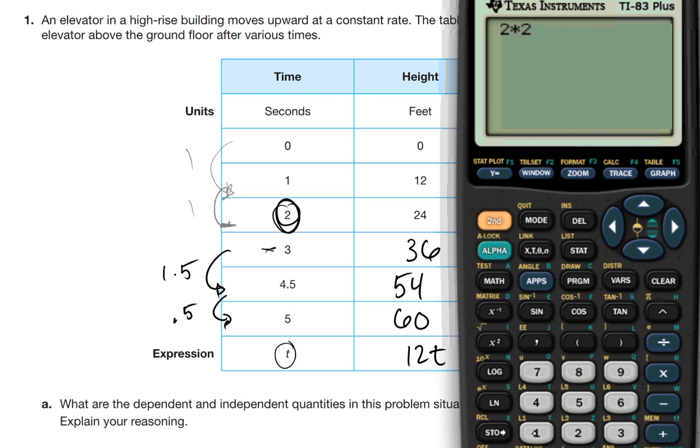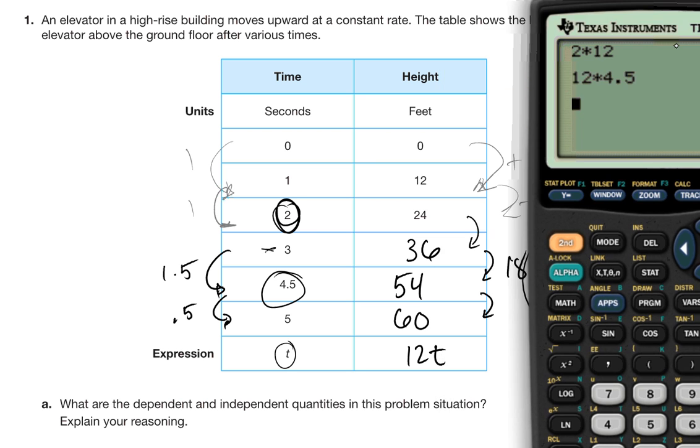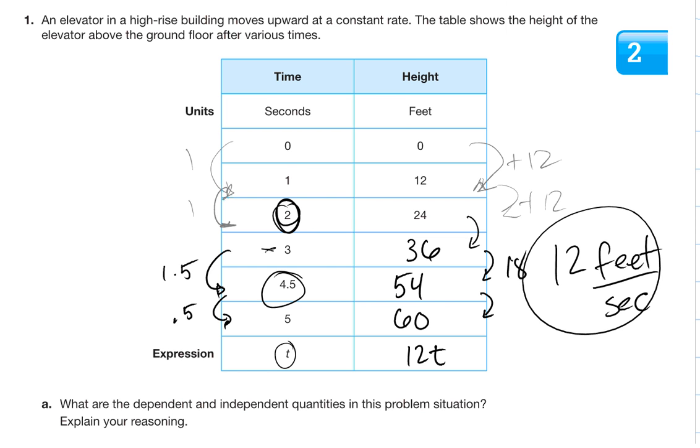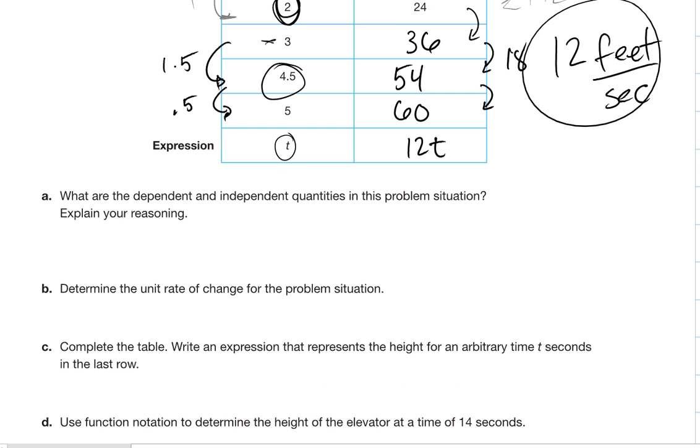Whoops, I can do arithmetic too. When I look at 4.5, when t is 4.5, my function is 12 times t, so 12 times 4.5. And you can see that also produces the 54, right? So these are producing the correct values. This is my function.